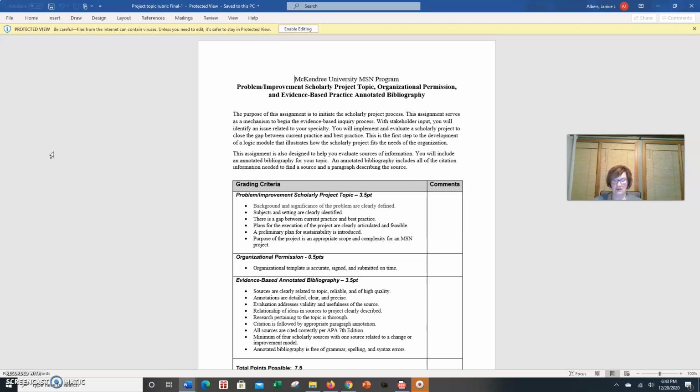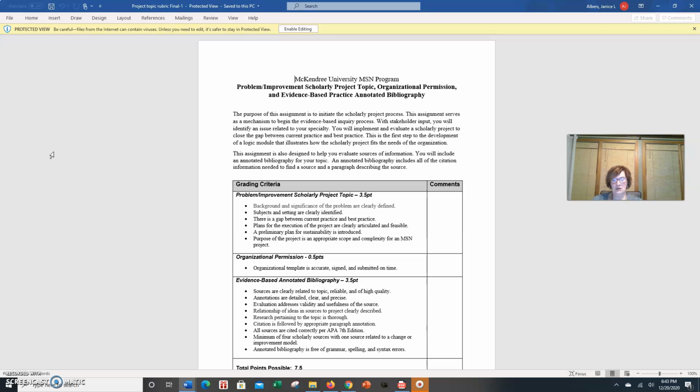Very often we're very good at that actual change process, but then it doesn't stick. So we need to plan very well, and we also need to make sure that we have a project that is sustained. We want to make sure that the overall purpose of the project is very appropriate and congruent with what a master's prepared nurse actually would do in practice.